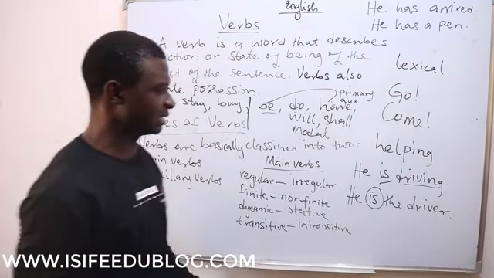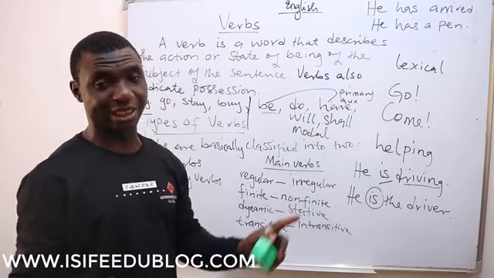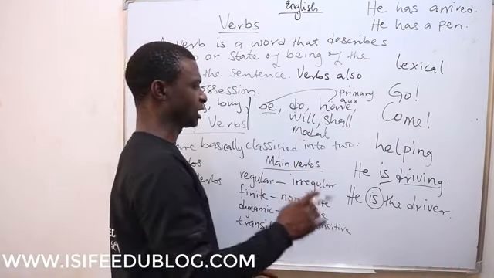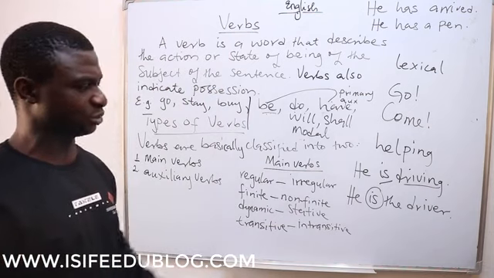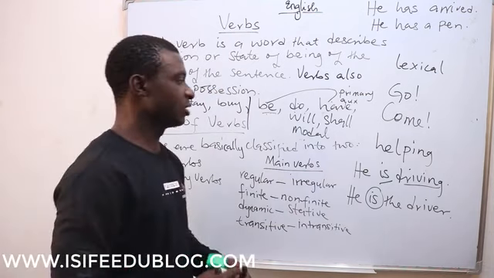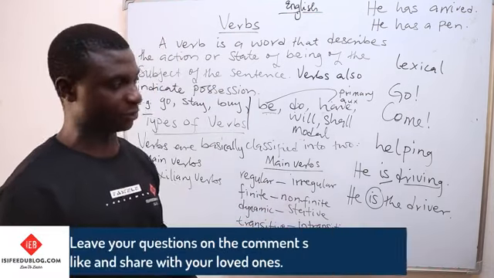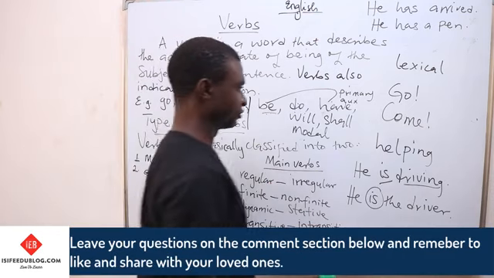So have that in mind. They include will, shall, can, can't, should, and all that. Like I said, all of this will be topics of their own as we go on.